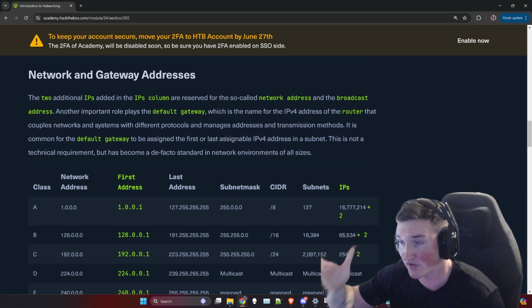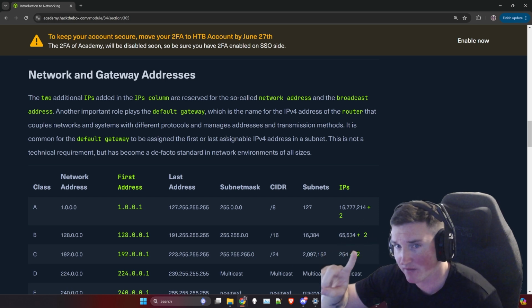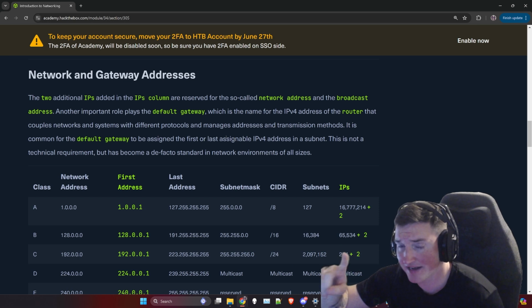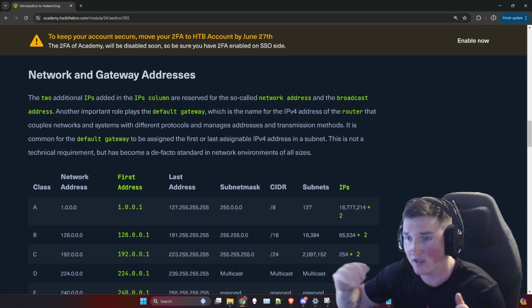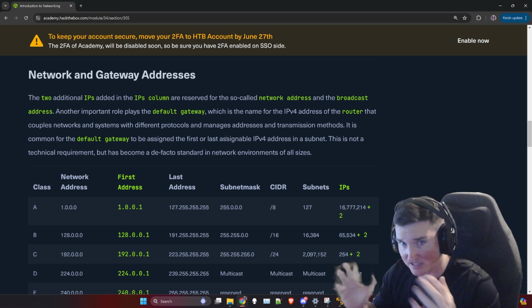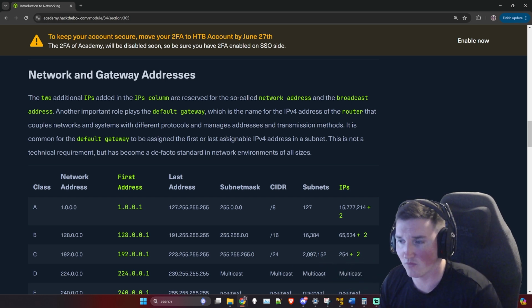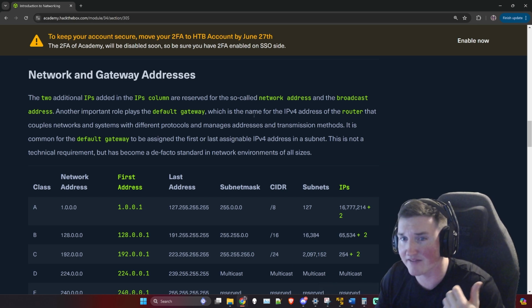Don't plan it for exactly 8, because you need the network address and the broadcast address. The network address is how people are going to communicate with that subnet. So when a packet comes in, it has to have an address to go to that's not a direct host, right? It has to have one that the network can then send to the host. And then it has to have a broadcast address.